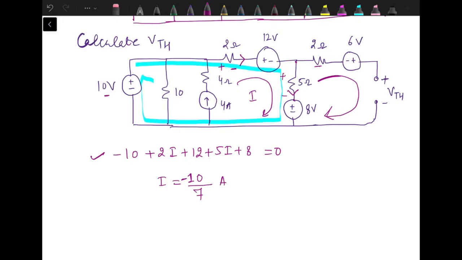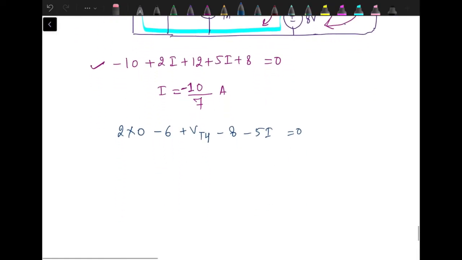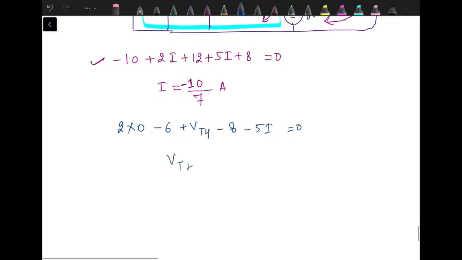And for finding out VTH, we need to apply KVL in this open loop. Drop across 2 ohm is 0 because there is no current. Basically, the current through 2 ohm resistance is 0 since it's an open loop. Minus 6 plus VTH minus 8 minus 5I equal to 0, or VTH is equal to 14 plus 5I.